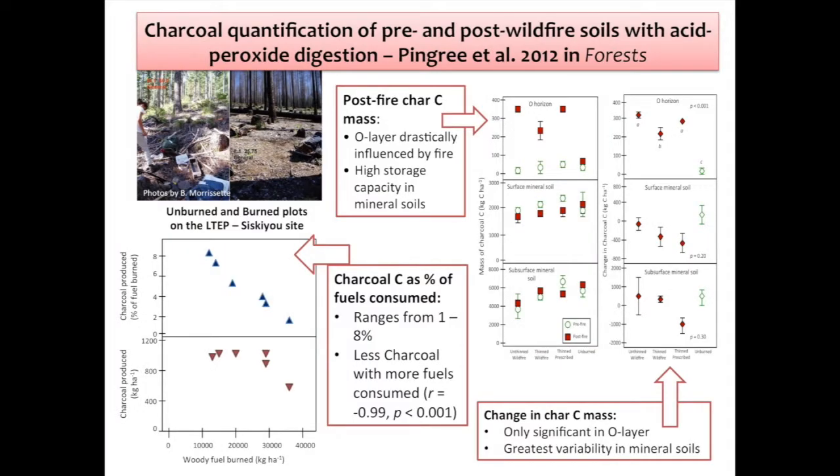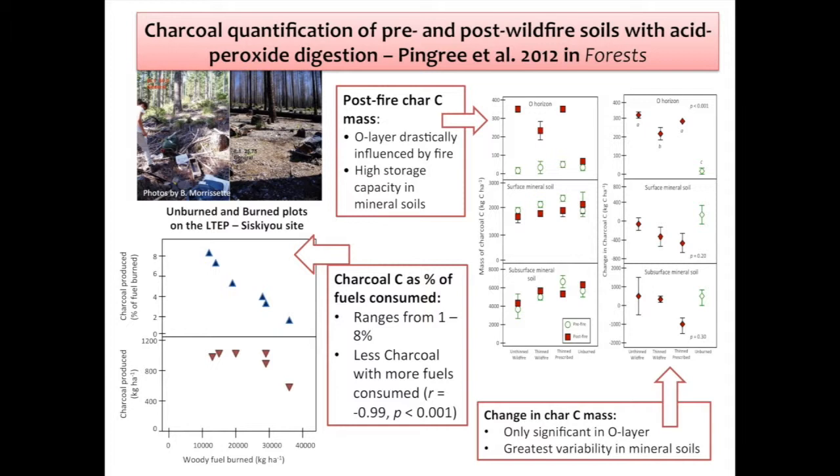This is from a student of mine currently, Melissa Pingree, and it just shows that most of the carbon that's generated in a fire is found here in the O horizon. Post-fire, if we go looking for charcoal in the subsurface or mineral soil, we see that these green circles are the unburned system versus the burned, and we actually have no significant difference in the charcoal accumulation in our mineral soil between burned and unburned.